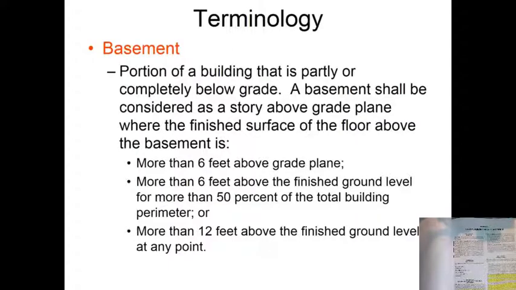Like if the building is angling, remember back to our little scenario, we have a building here and the ground is sloping and we have a basement. If 50% of the total building is below, or more than 12 feet above the finished ground level at any point.